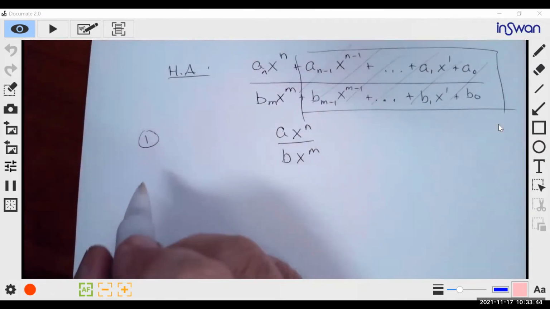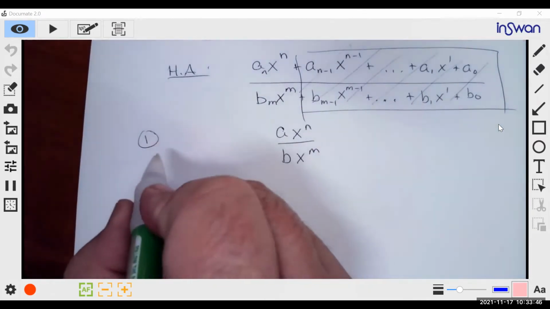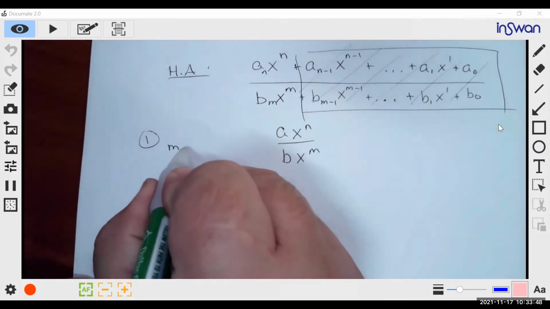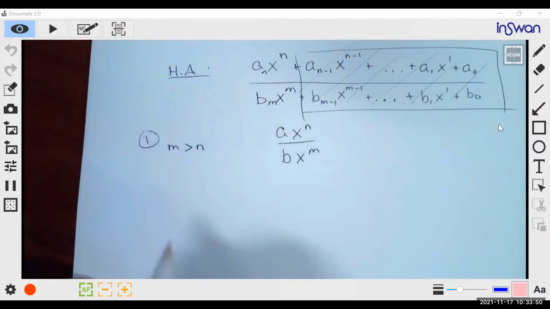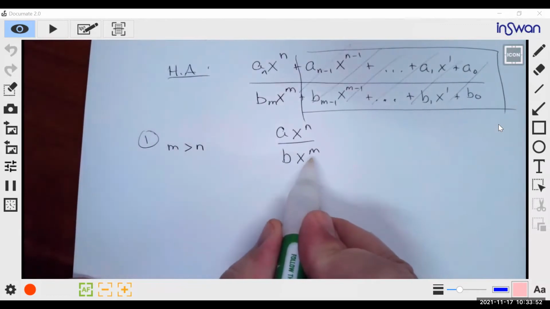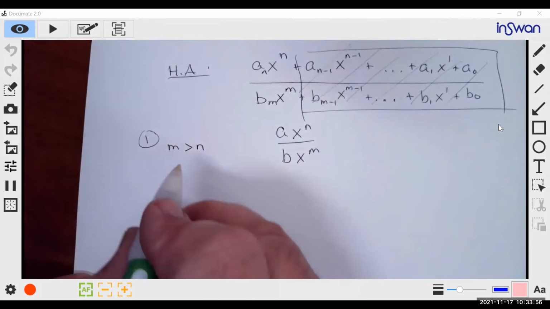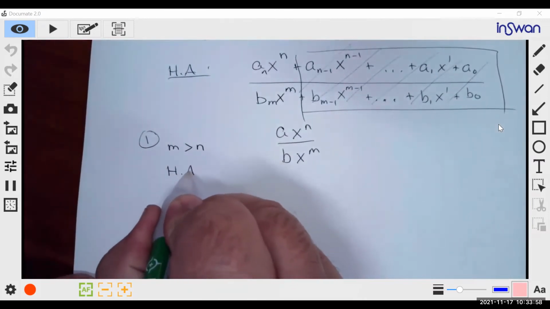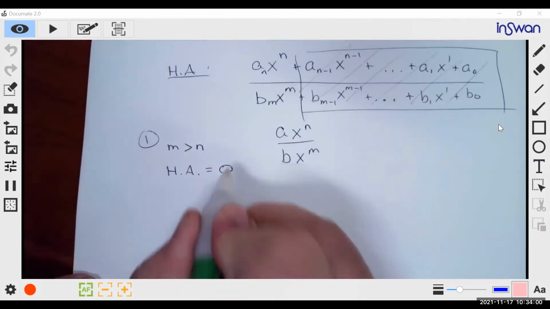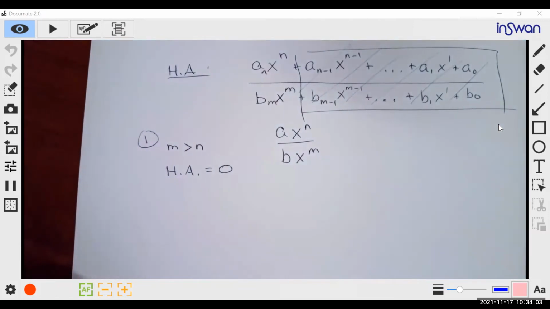Now, in our first case, if m is bigger than n, in other words, if the bottom has more x's than the top, the horizontal asymptote is 0. It's the x-axis.